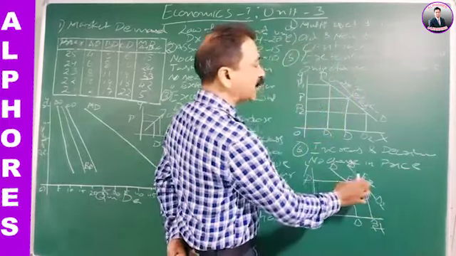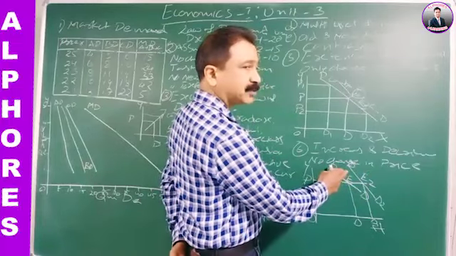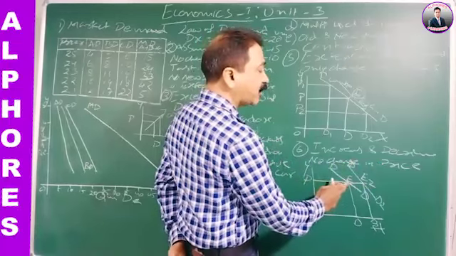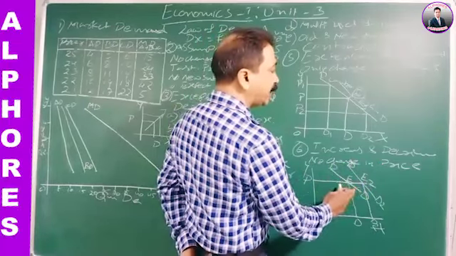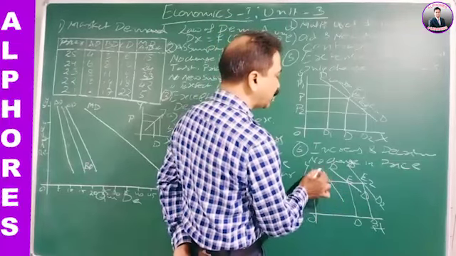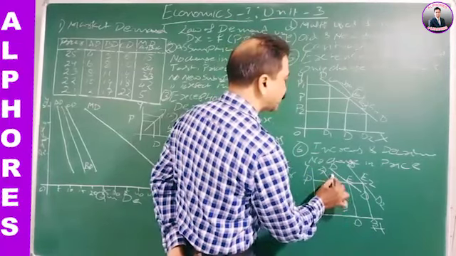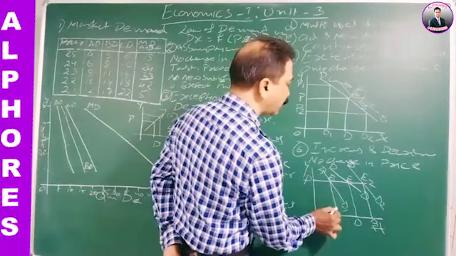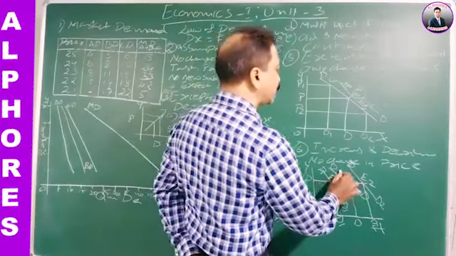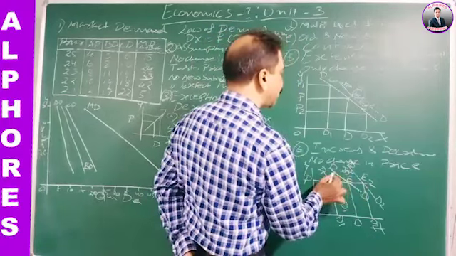There is a new equilibrium. Due to the other reasons, even though there is no change in the price, if demand curve moves right, then it is called increase. If due to the other reasons demand decreases to D1, that is equilibrium E1, quantity D1, then it is called decrease. This is increase, this is decrease.